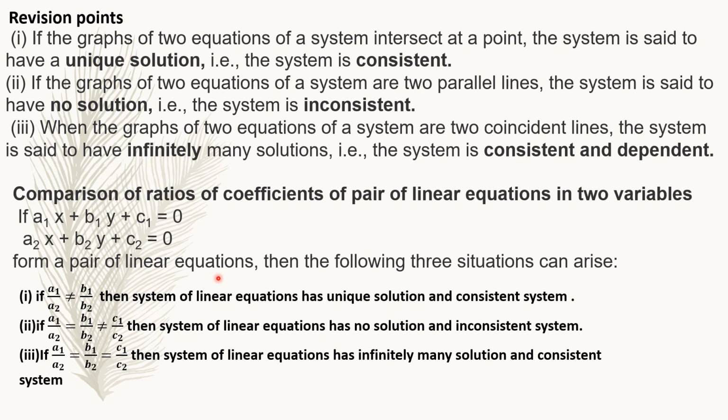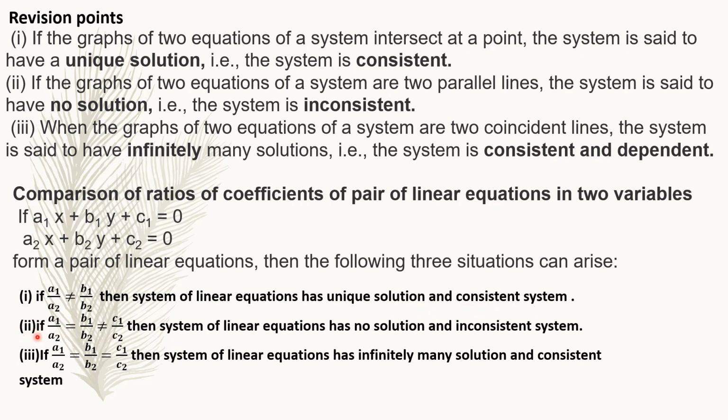When we compare the ratios of coefficients of these two equations, three situations can arise. First situation: when a1/a2 is not equal to b1/b2, then the system of linear equations has a unique solution and is a consistent system.